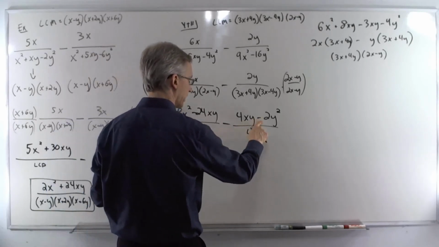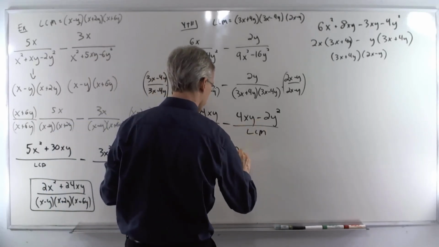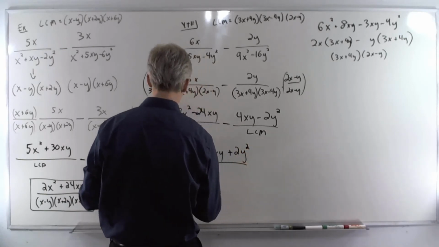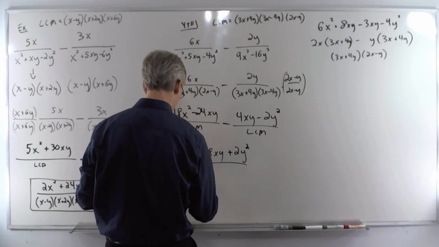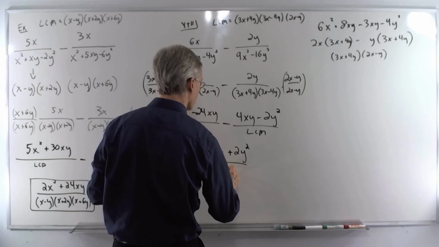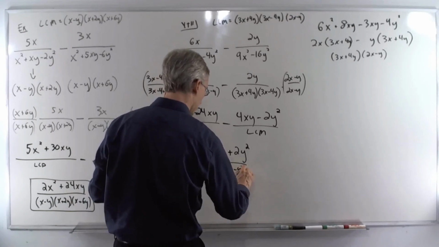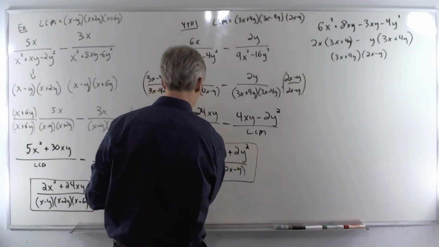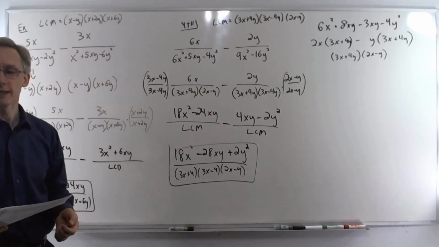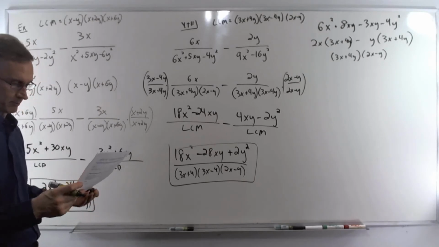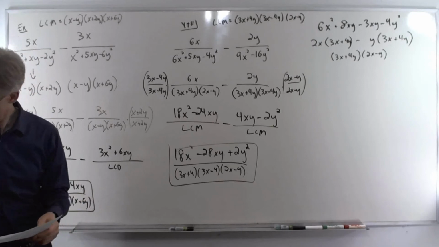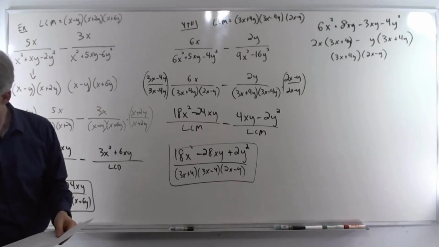And we're subtracting a negative, so that turns into positive, so it's plus 2y squared over 3x plus 4y, 3x minus 4y, and 2x minus y. And that is about as nasty as those get. So if you can do this one, you can do any of them.